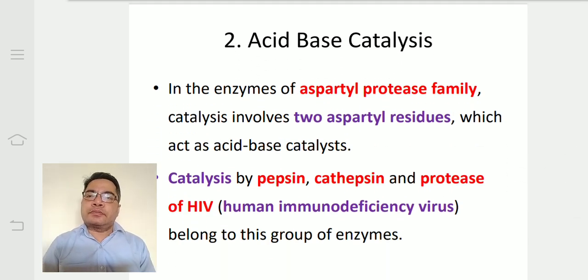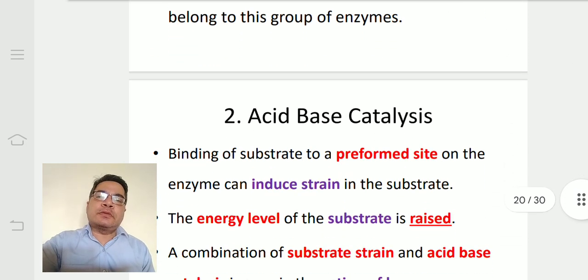In the enzymes of the aspartyl protease family, catalysis involves two aspartyl residues which act as acid-base catalysts. Catalysis by pepsin, cathepsin, and protease of HIV, that is human immunodeficiency virus, belong to this group of enzymes.